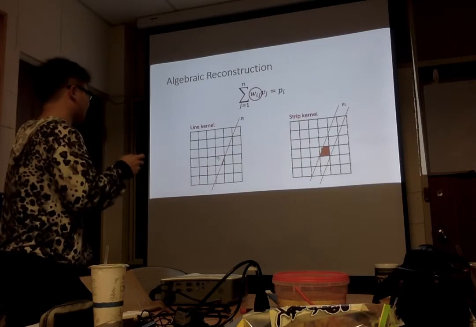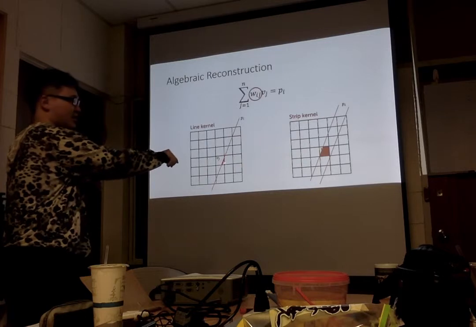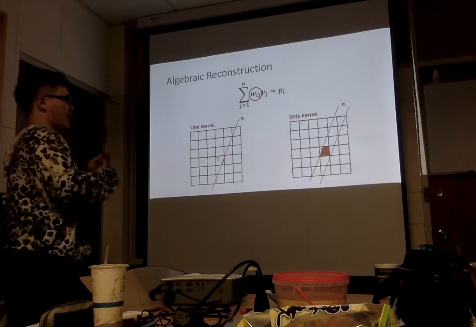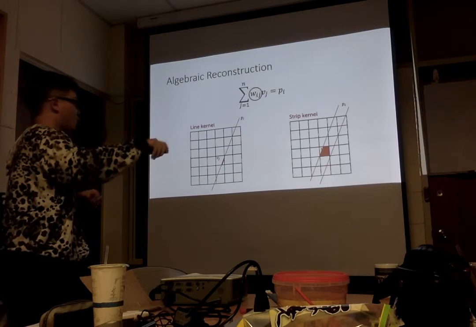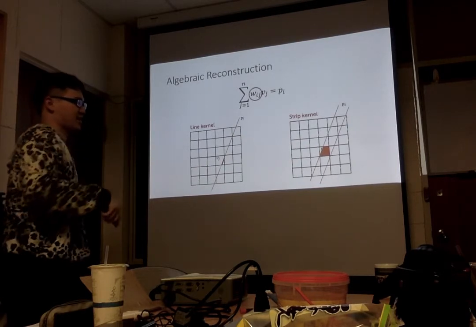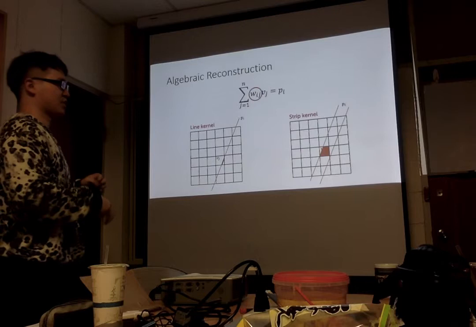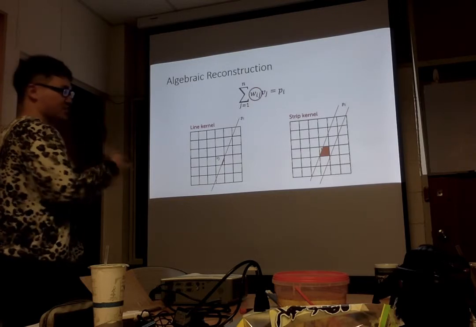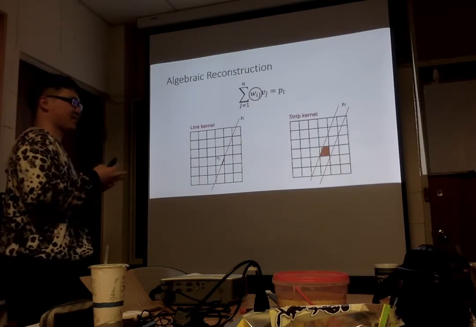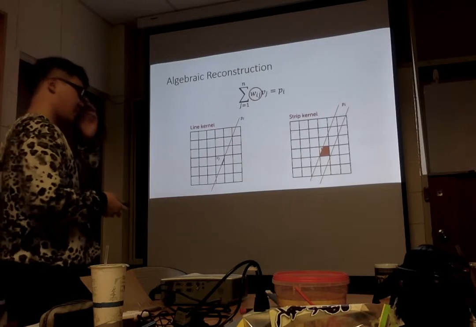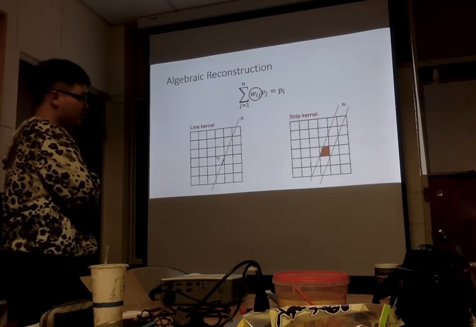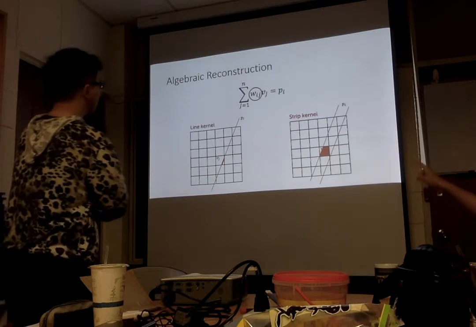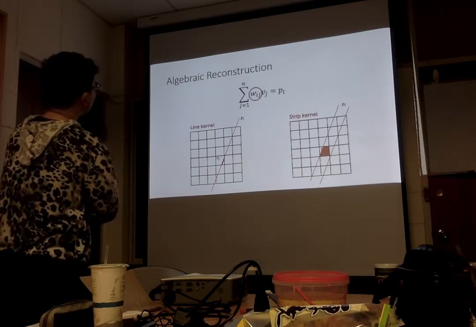Because this is a line, but here is an area we want to cover, so we may take many lines in this area, so the time may be long. So from literature, let's say we compare strip kernel with line kernel.